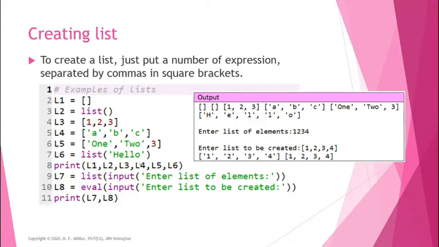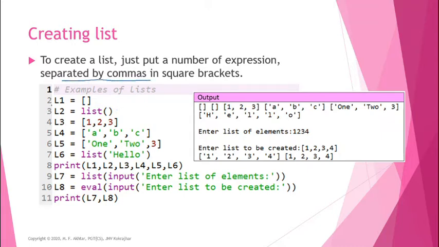Creating list. Here we have given examples and also one program to show you how lists can be created. There are so many ways to create a list. The simplest way is to just put numbers or expressions within square brackets separated by comma.